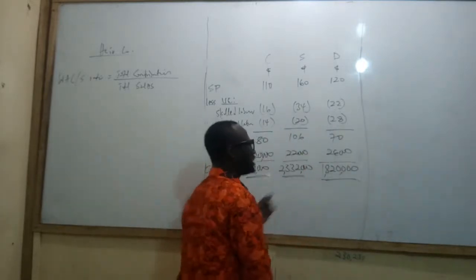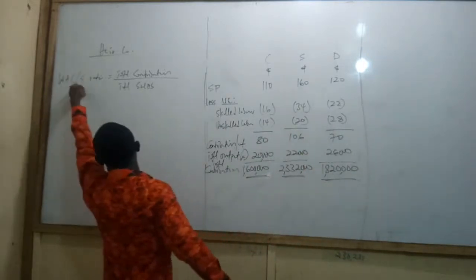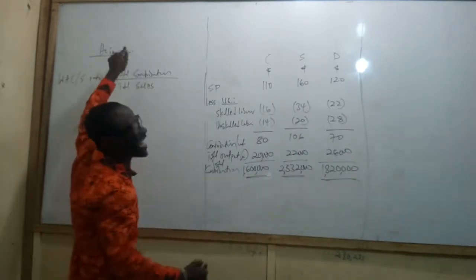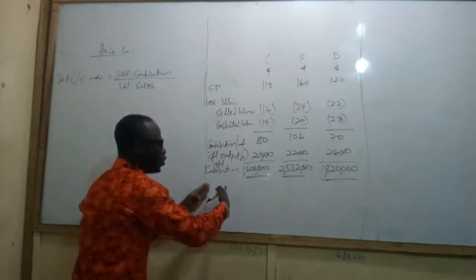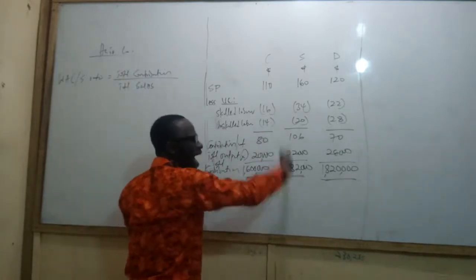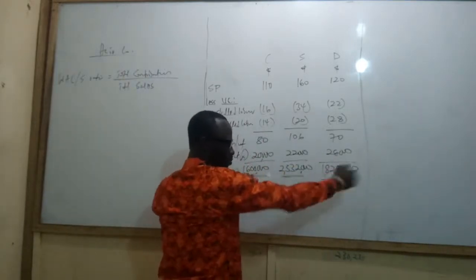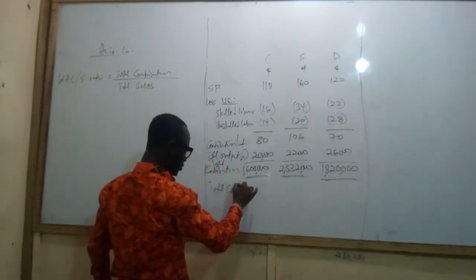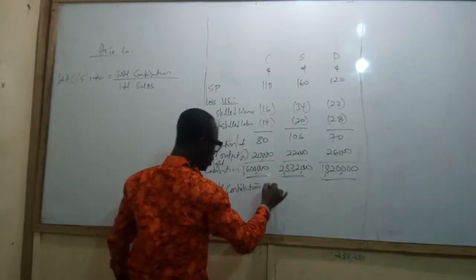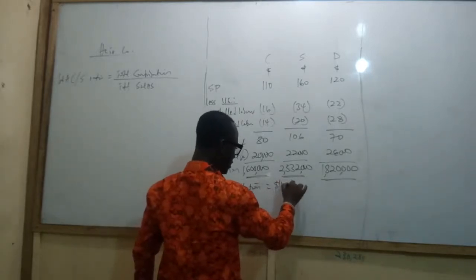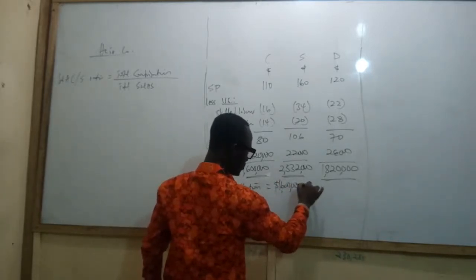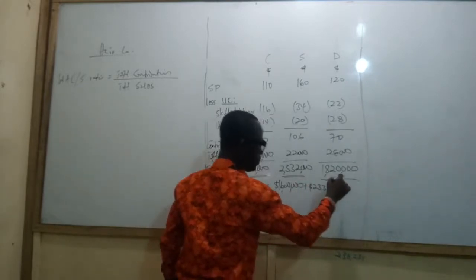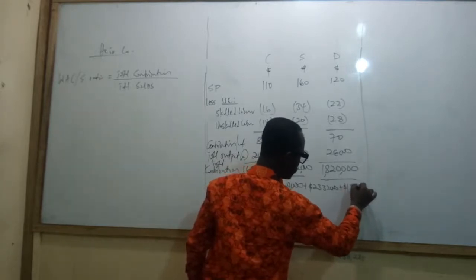But the examiner didn't say we should calculate contribution to sales ratio for each of them, but for the company. So what do we do? We need to get a total contribution by adding the three products together. So total contribution is going to be 1,600,000 plus 2,332,000 plus 1,820,000.